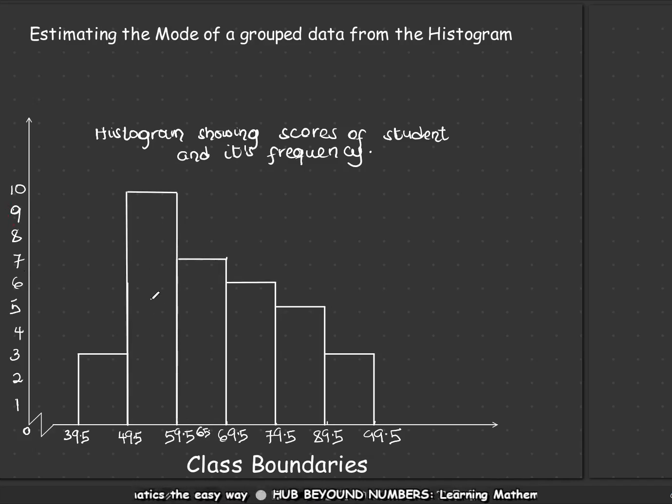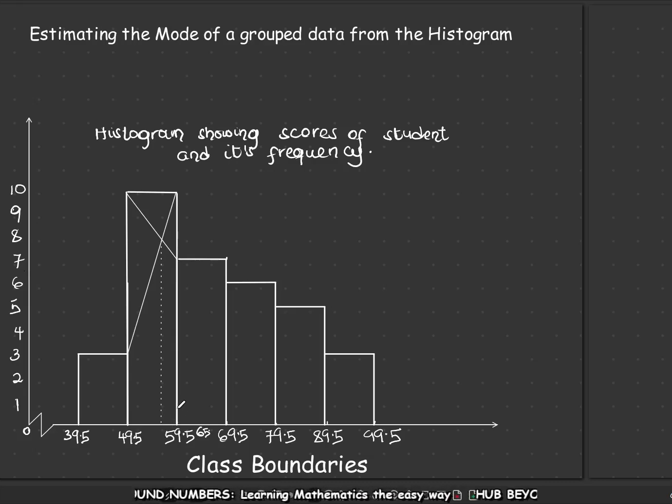Now, if it did happen that this was how our data actually was, look at how the mode is going to be. Nothing will change. Just as I said, join this point here down to this, then join this point also all the way here. Then where these two lines meet, I trace it downwards, and I look for my approximate value over here.